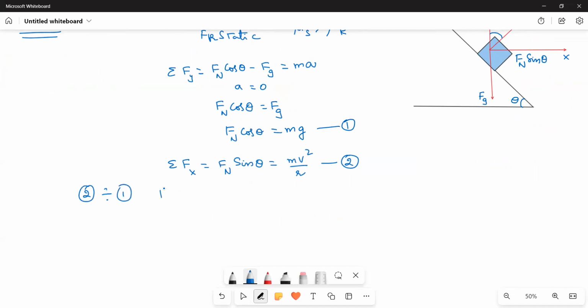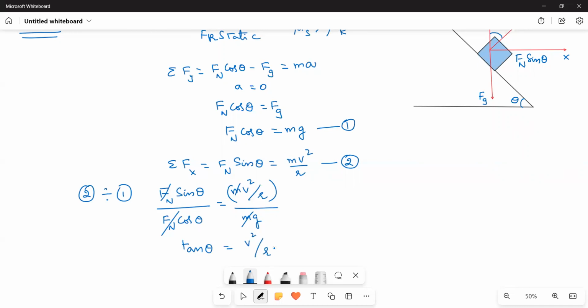So Fn sin theta divided by Fn cos theta is equal to mv square over r divided by mg. Fn goes off and mass goes off. You are left with tan theta. Tan theta is equal to v square over rg.